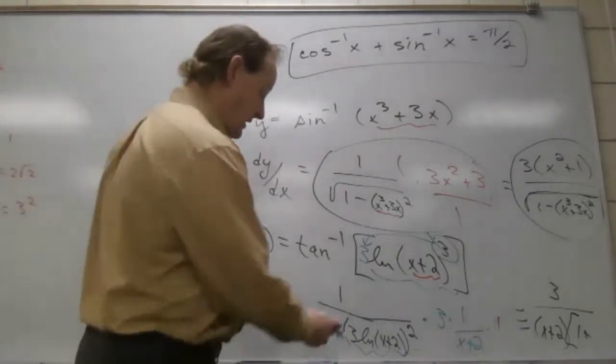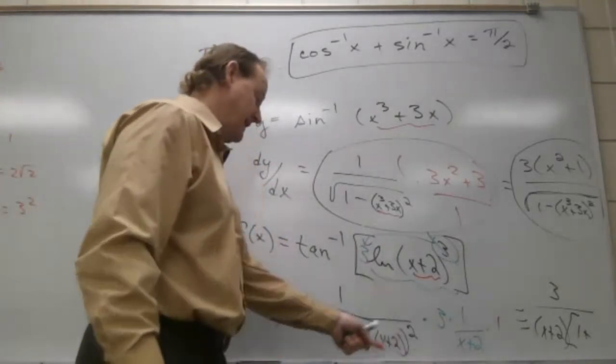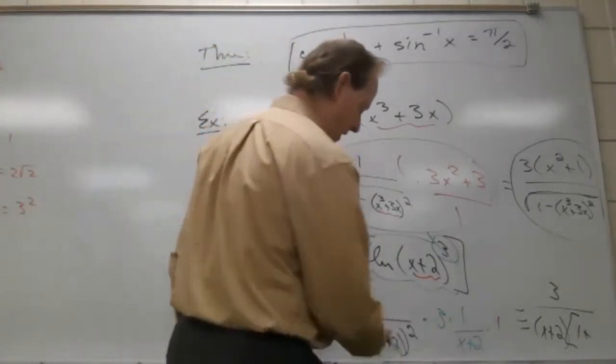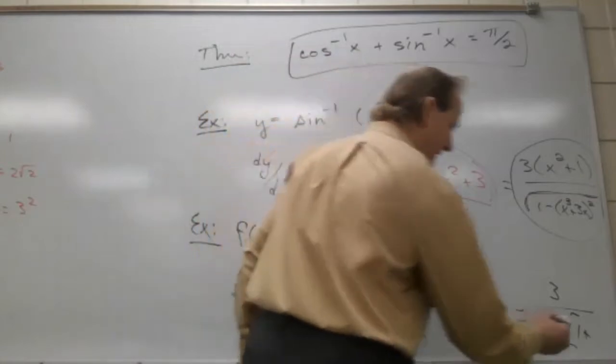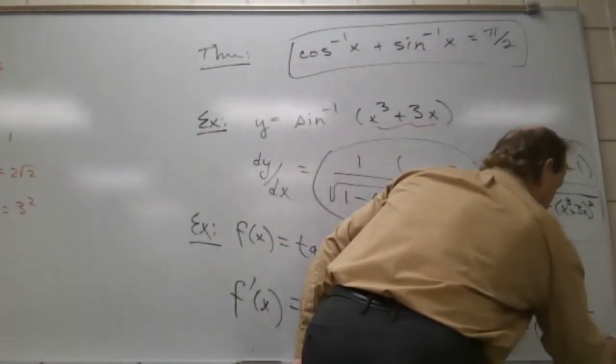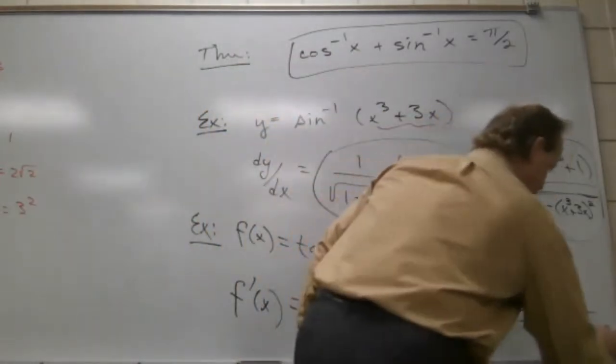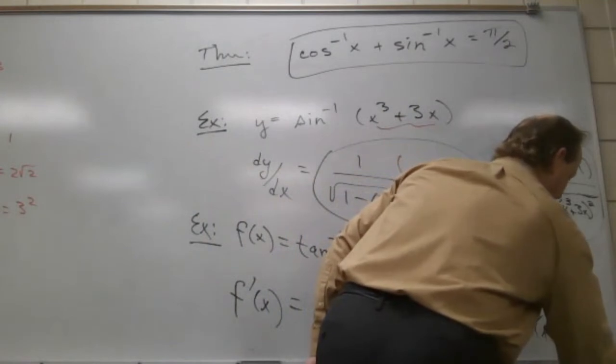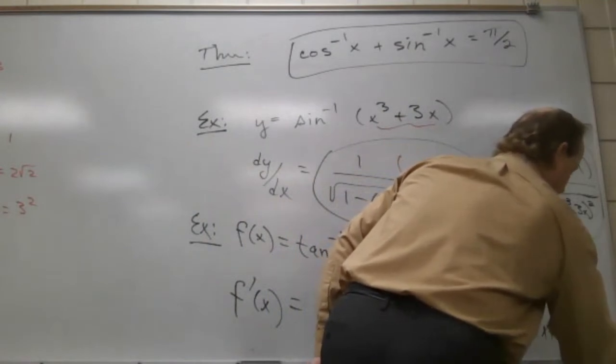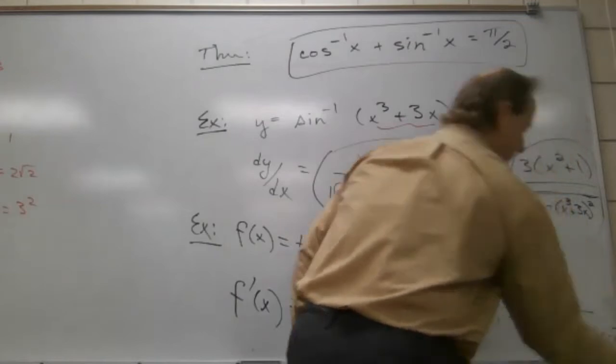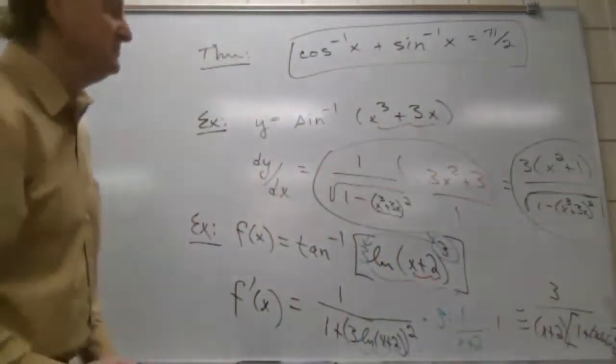I could leave it like that, or I could square out the 3 and get a 9, and then this would be natural log squared, but there's not really a simpler way to write that. So I'm just going to leave it as 3 natural log of x plus 2 quantity squared.